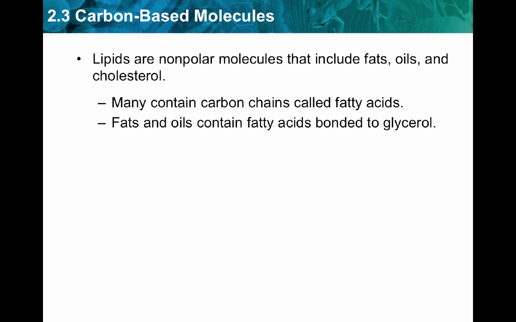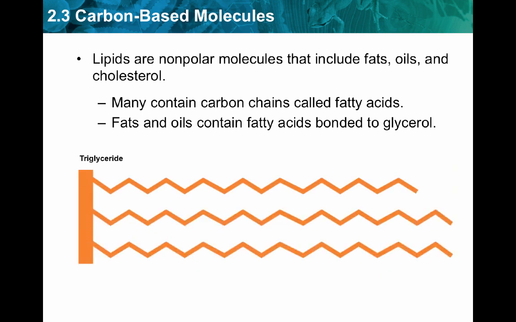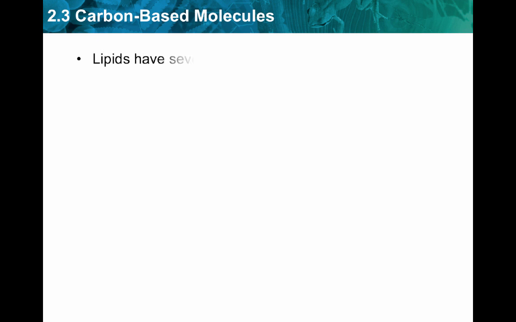Triglycerides are basically a glycerol backbone, and glycerol is kind of a sugar, actually, with fatty acid chains attached. The large orange backbone on the left would be the glycerol, and those three long tails are the fatty acid tails, the nonpolar carbon-hydrogen bonded chains that make lipids insoluble in water.